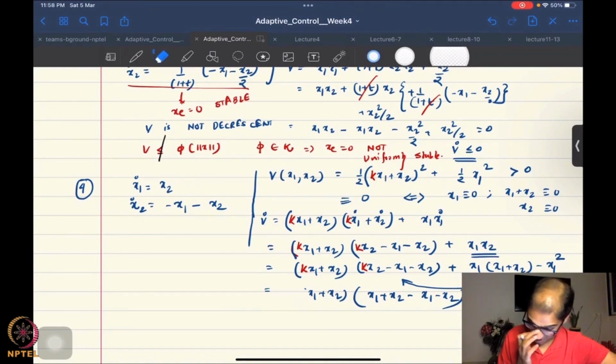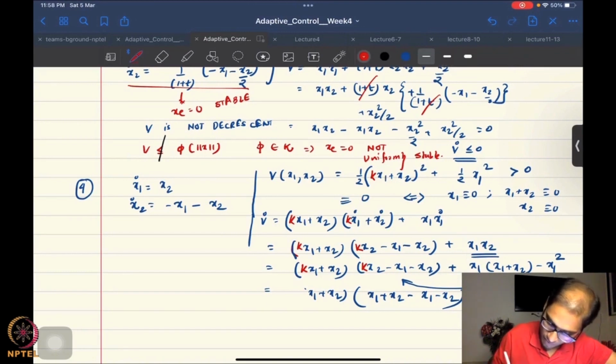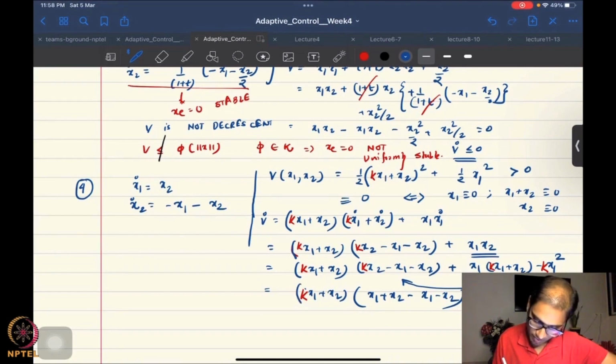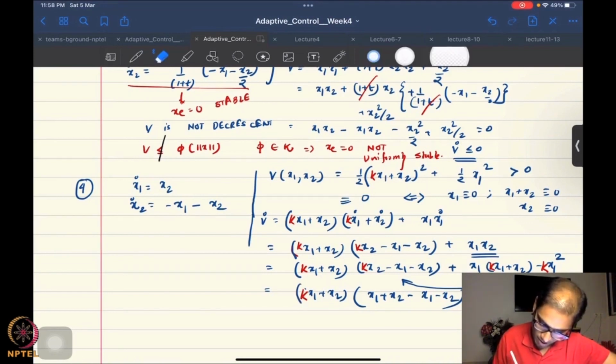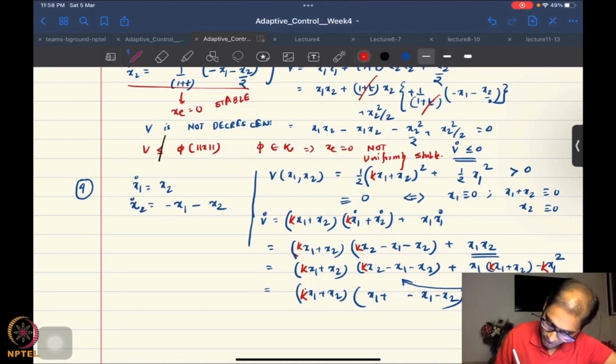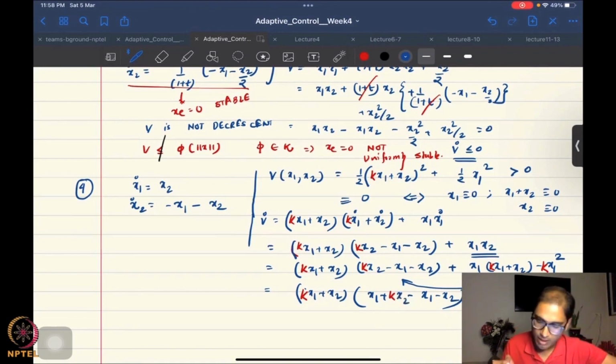shows up here. So in this case, I will take a k here and I will subtract a k here. And then I will have a k again here. So this becomes x1 plus kx2, minus x1 minus x2.